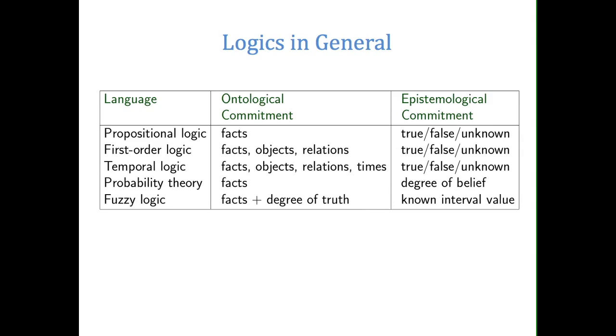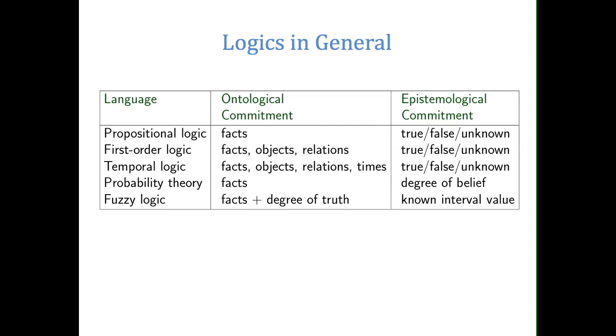Temporal logic, very useful, and we'll see a little bit of that in this lecture, has to do with facts, objects, and relations, but adds the concept of time. So a fact might be true at time t0, but not true at time t1. Probability theory has facts, but with degree of belief. That is, we're maybe less than certain that the fact is true.